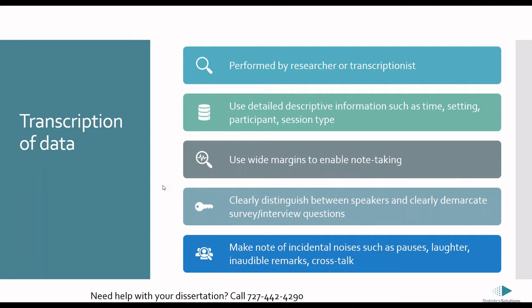You also, and this is especially important if you're doing, say, a focus group, want to make sure that you've clearly distinguished between the speakers and demarcate where the survey or interview questions are and where the responses are. And this might seem really obvious and silly, but a lot of times as we are collecting data, we think, oh, well, I'll remember this later.